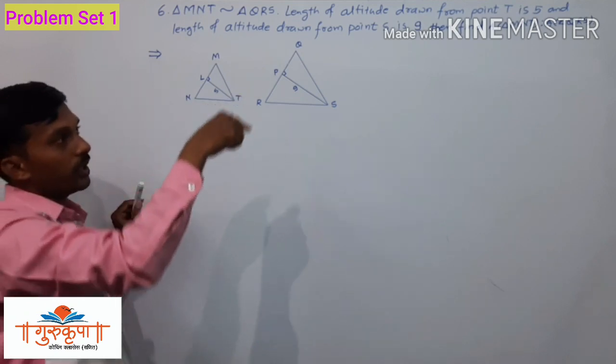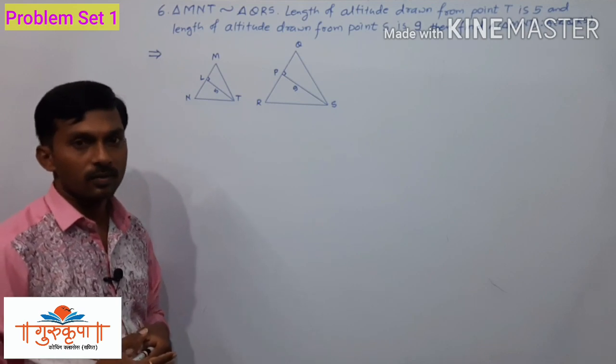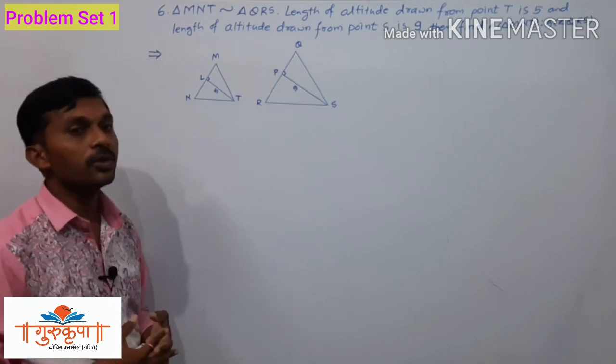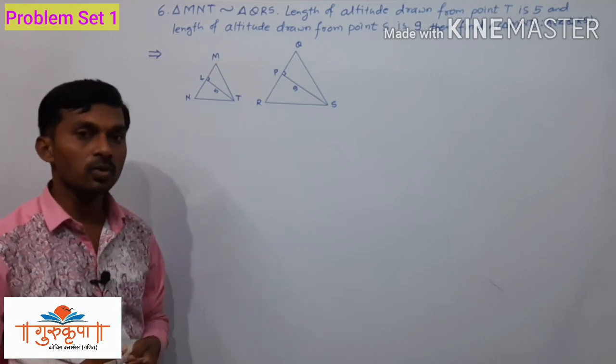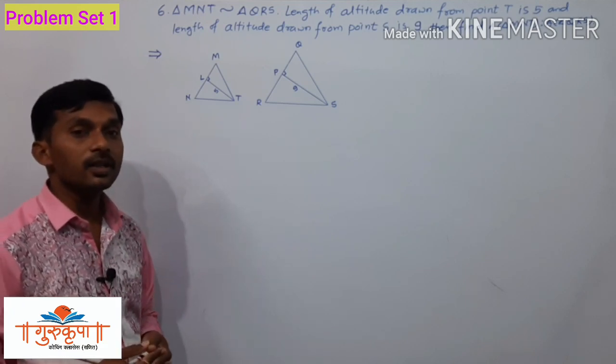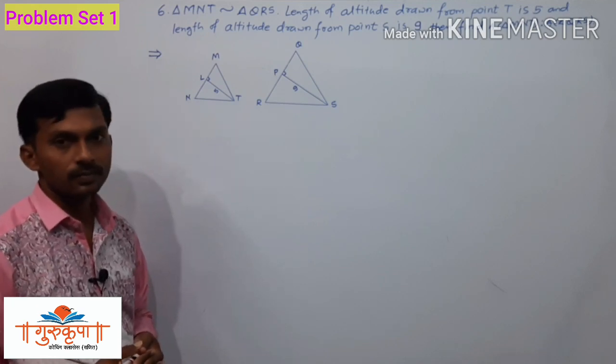Now we have to find the ratio of the areas of two similar triangles, but we do not know the corresponding sides of the given two triangles. So how will we find the corresponding sides? That is very important.